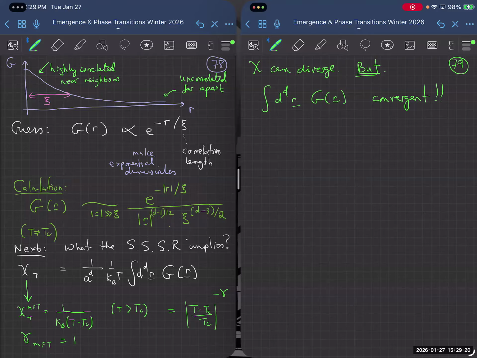Well, it's convergent because this g of r goes like e to the minus r over some correlation length, so it converges exponentially at infinity. If it converges exponentially at infinity, then this integral is convergent. So what I've just shown you is that the left-hand side can diverge as t tends to tc. The right-hand side is always convergent.